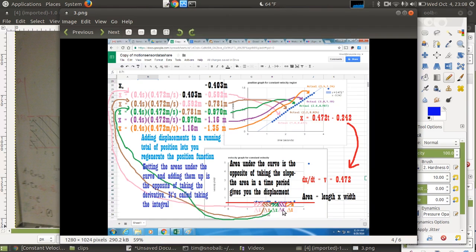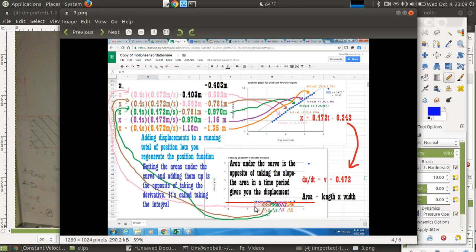Because I wanted to show that this velocity graph can regenerate the position graph very well, I actually looked at the position graph and found what the value was for my first position, and it was 0.403. So I then went to my velocity graph.